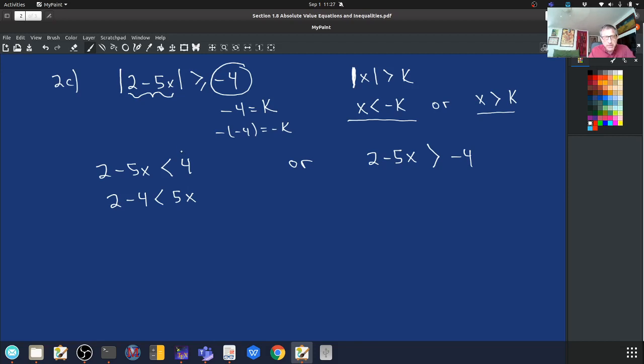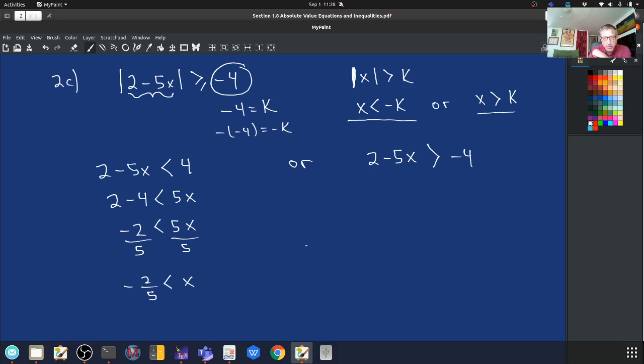In other words, I moved my 4 to the left-hand side, it became negative, and I moved my minus 5x to the right-hand side to get it to become positive. So this gives me minus 2 is less than 5x. Now I can divide through by 5, and I don't have to worry about flipping the sign. So minus 2/5 is less than x.